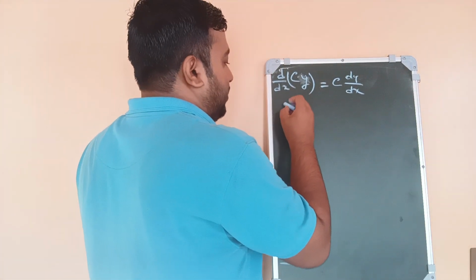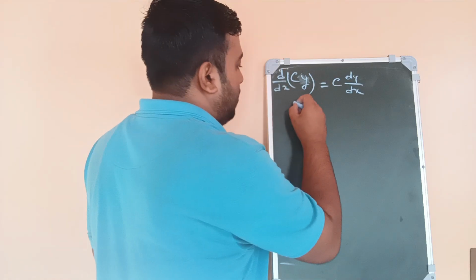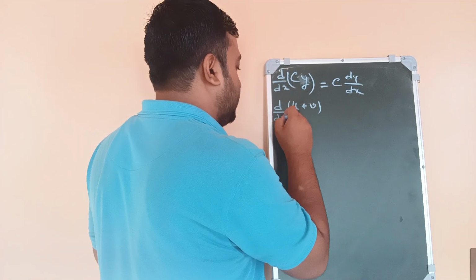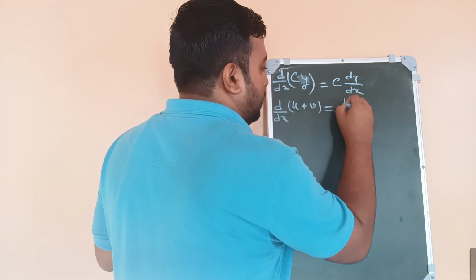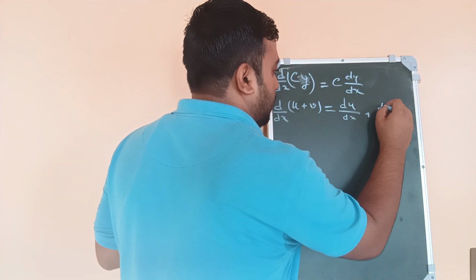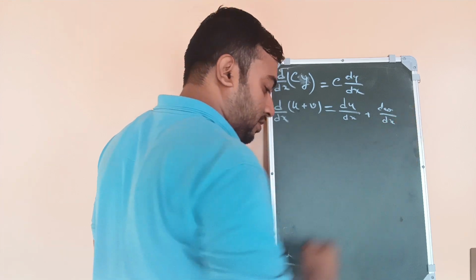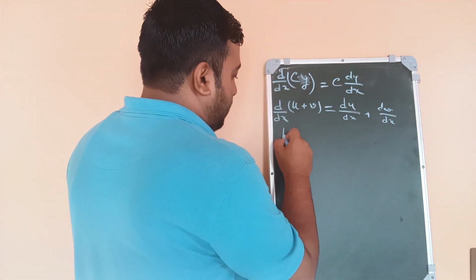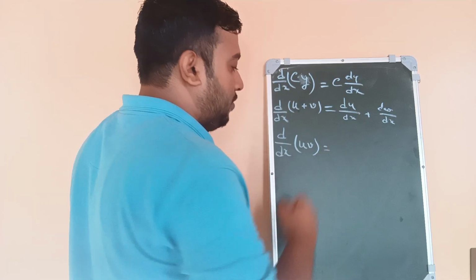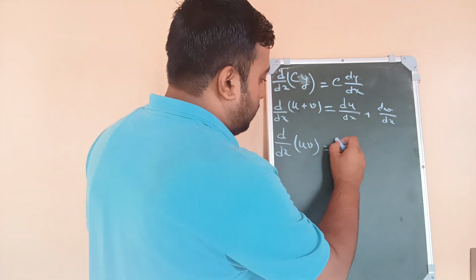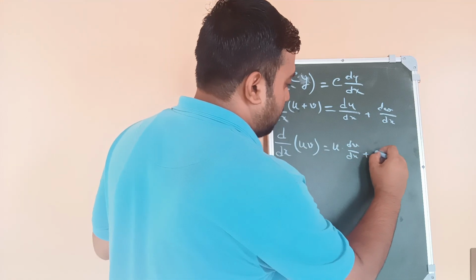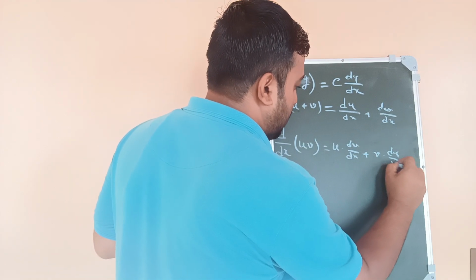If there are two functions just added, that is u plus v, and we have to find the derivative of this function, we can say du by dx plus dv by dx. If the functions are multiplied, uv, then this will be u dv/dx plus v du/dx.